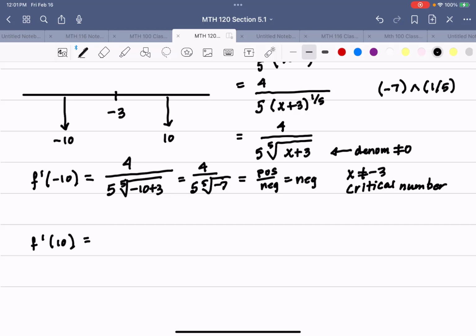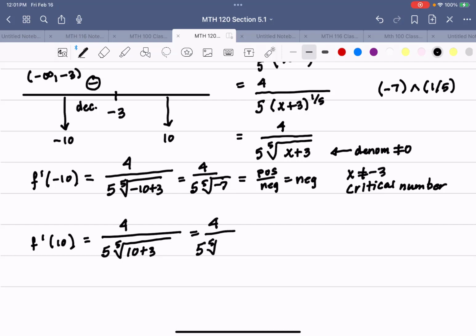So in this first region, from negative infinity until I reach negative 3, the derivative is negative. That means the function is decreasing. When I substitute a positive 10, 4 over 5 times the fifth root of 10 plus 3 is 4 over 5 times the fifth root of 13. This is some positive number 4 divided by some positive number, 5 times the fifth root of 13.